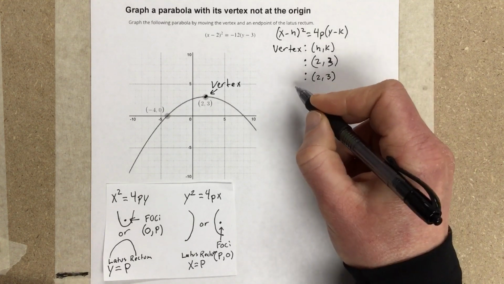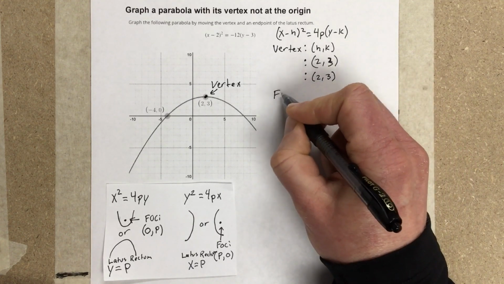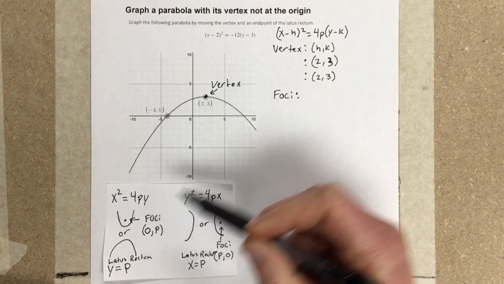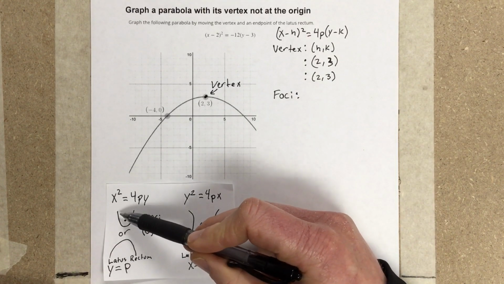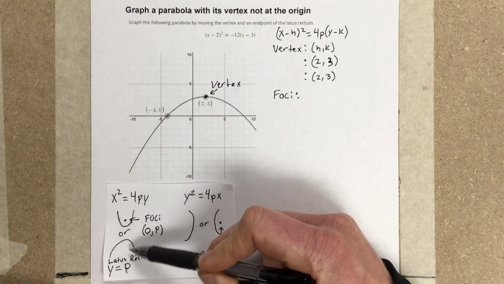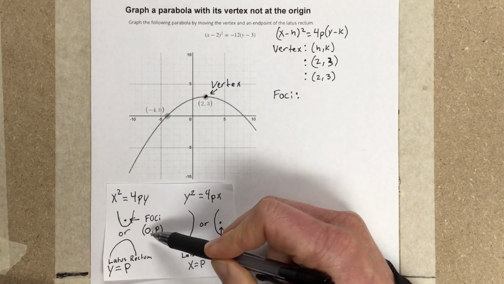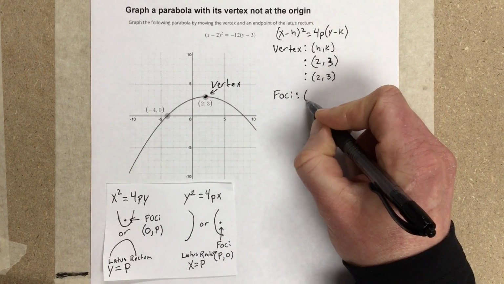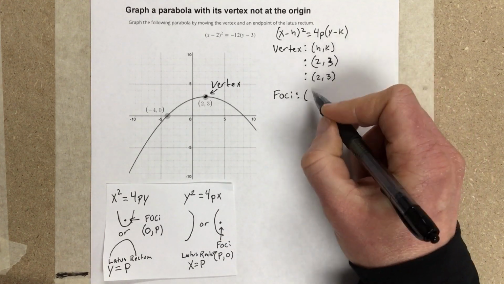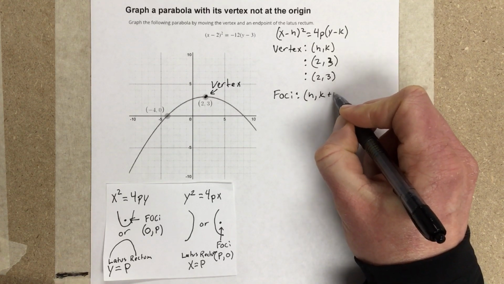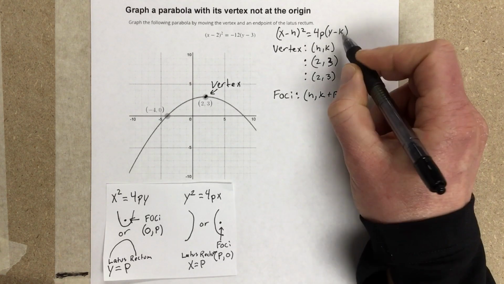And then we're going to find the foci. Because this is either an upward-facing or downward-facing parabola, the y value of the foci is changing. So the general form of the foci will be (h, k + p).